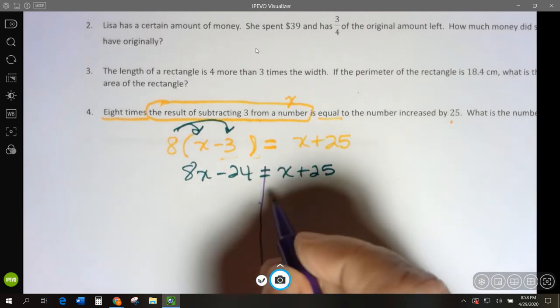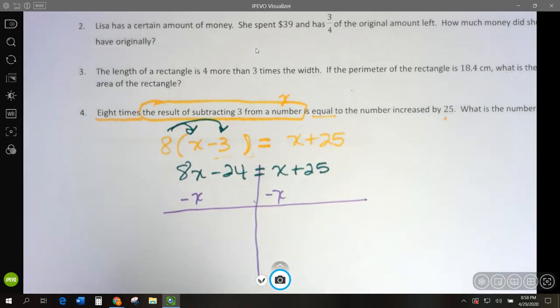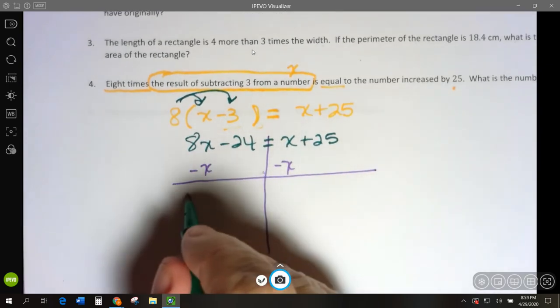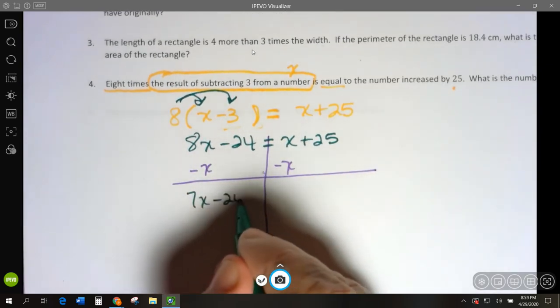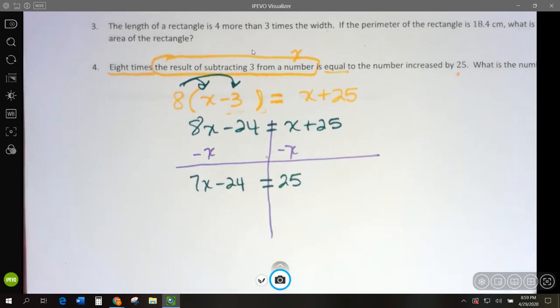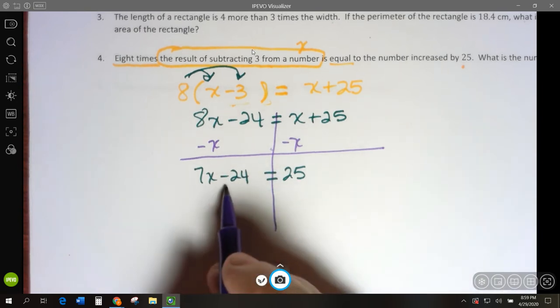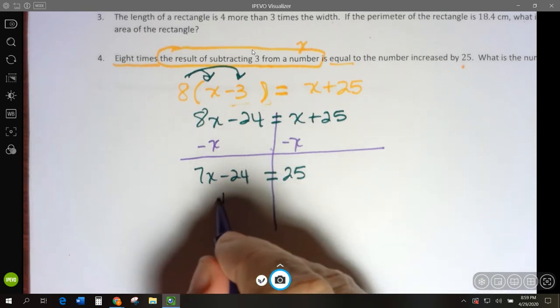So we subtract x from both sides. And we're going to have 7x minus 24 equals 25. Now we get rid of our addition or subtraction, so we got to get rid of subtracting 24 by adding 24.